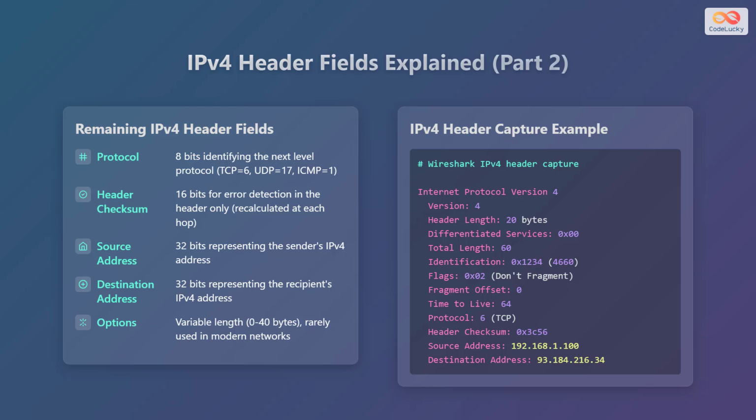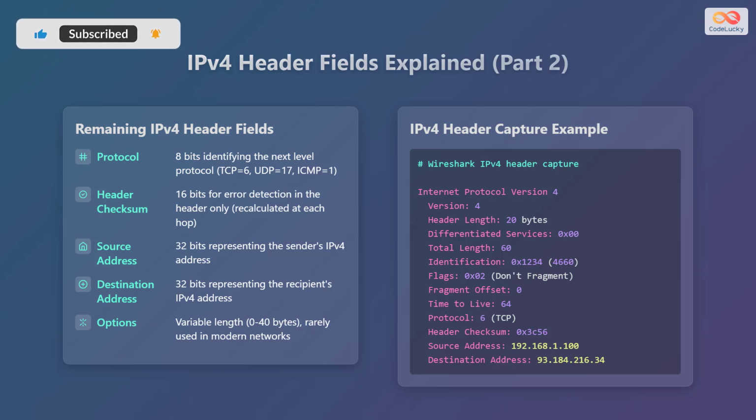Let's continue discussing the remaining Internet Protocol version 4 header fields. The protocol field contains 8 bits, which identify the next level protocol being used. For example, Transmission Control Protocol is equal to 6, User Datagram Protocol is equal to 17, and Internet Control Message Protocol is equal to 1. The header checksum field comprises 16 bits used for error detection, but only in the header.